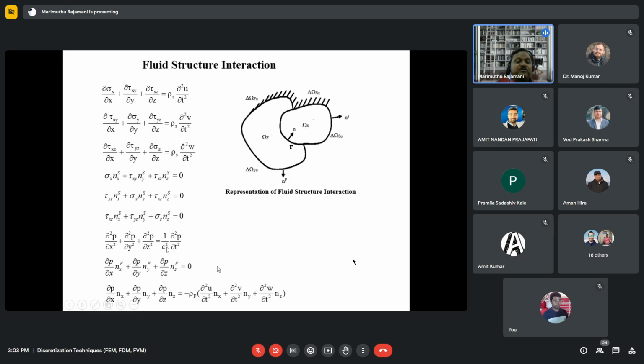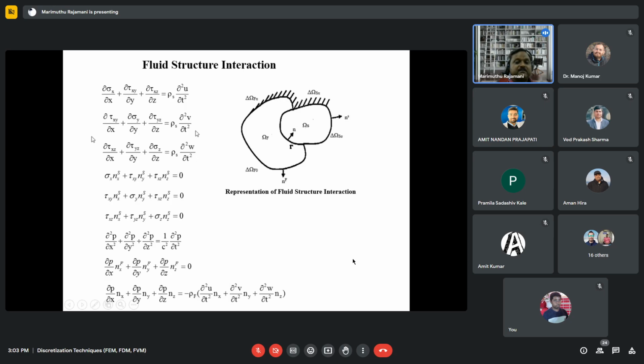And now we want the equivalent finite element form. So how is it going to get? We have seen the discretization of this whole thing already, how it gets into the finite element form.